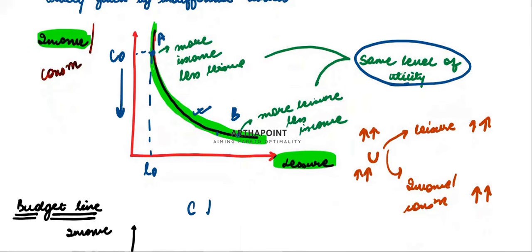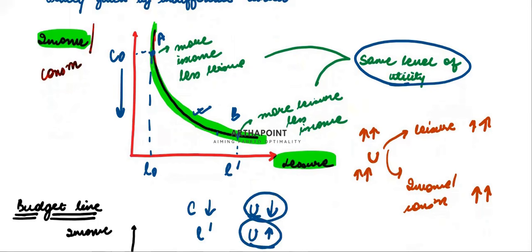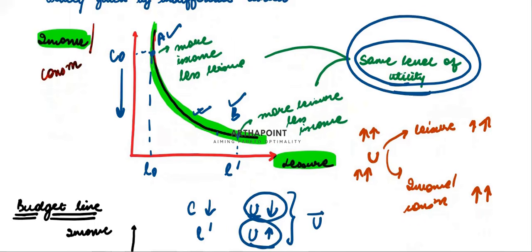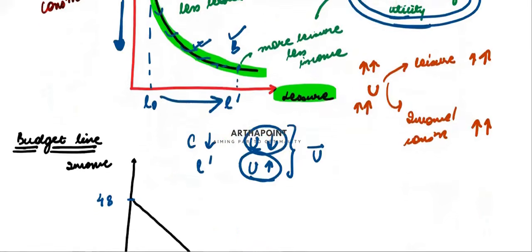So when consumption is decreasing, utility should decrease. But my leisure is increasing. So when leisure increases, utility should increase. So one decreases utility, the other increases utility. Overall, my utility remains constant. So from A to B, my utility is the same. I increase my leisure, and I decrease my income or consumption.